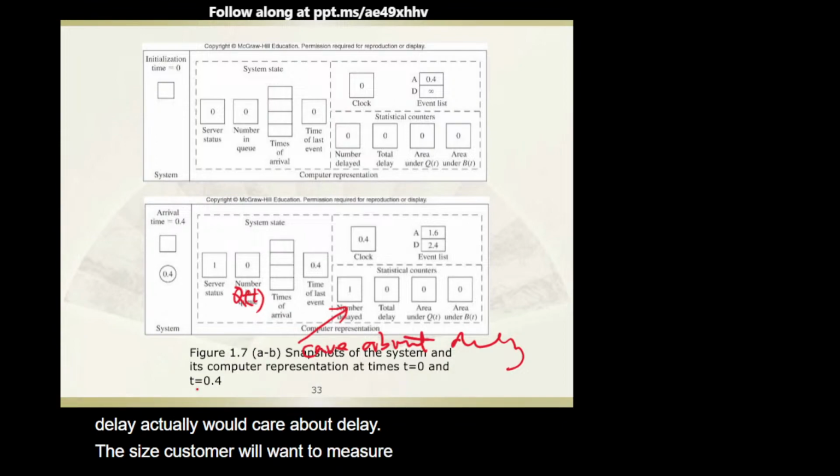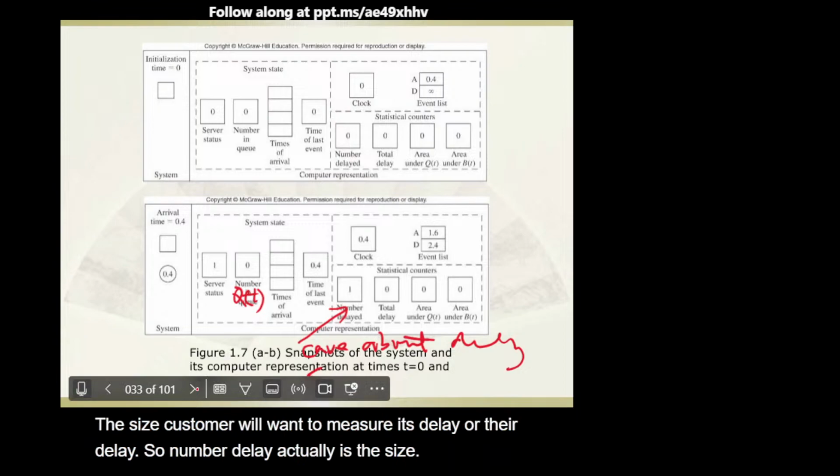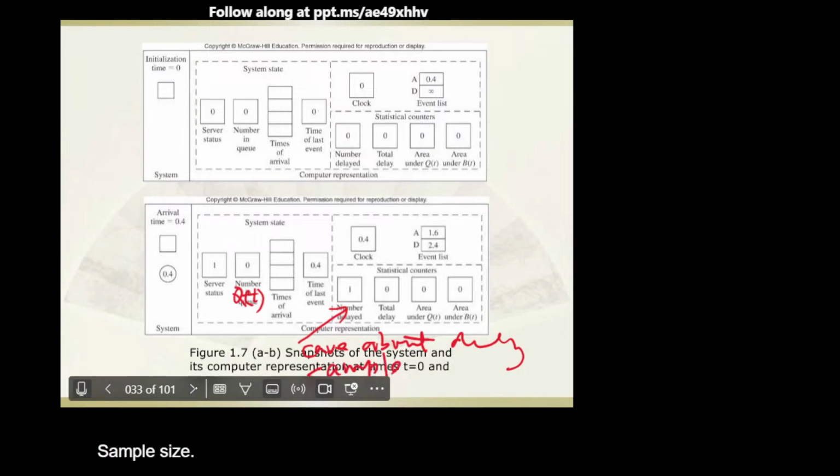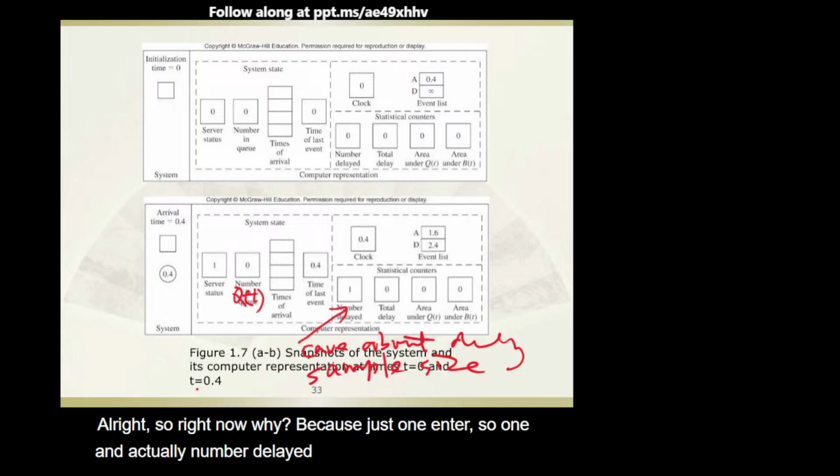So number delay actually is the sample size. Right now it's 1 because just 1 entered. And actually for number delayed, once we know the delay, then we count that customer.